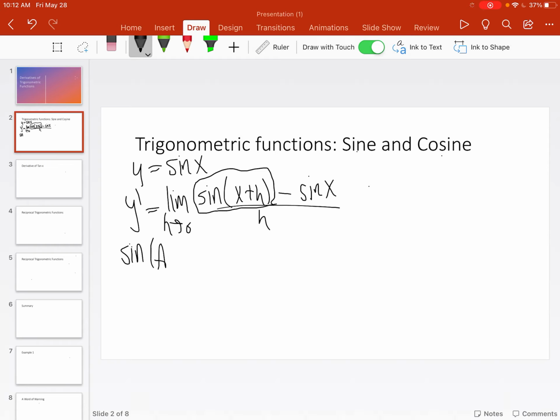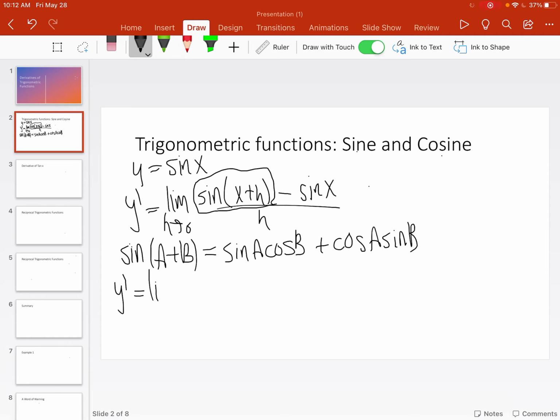So what is it? Sine of a plus b is equal to the sine of a times the cosine of b plus the cosine of a times the sine of b. And here a could be x and b could be h. Doesn't matter. So what do we get?